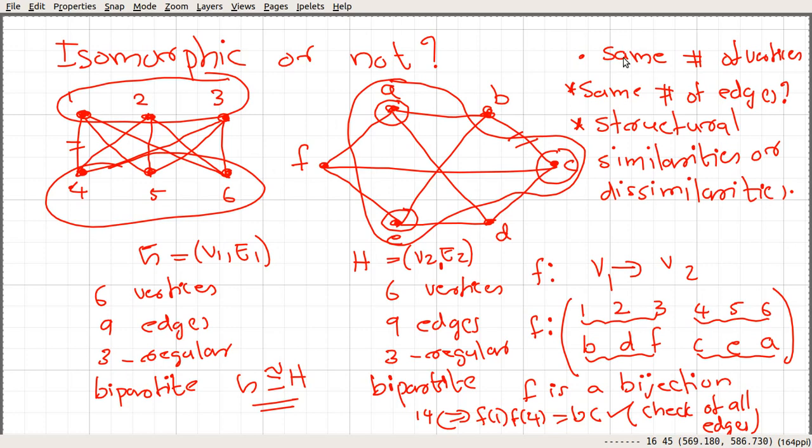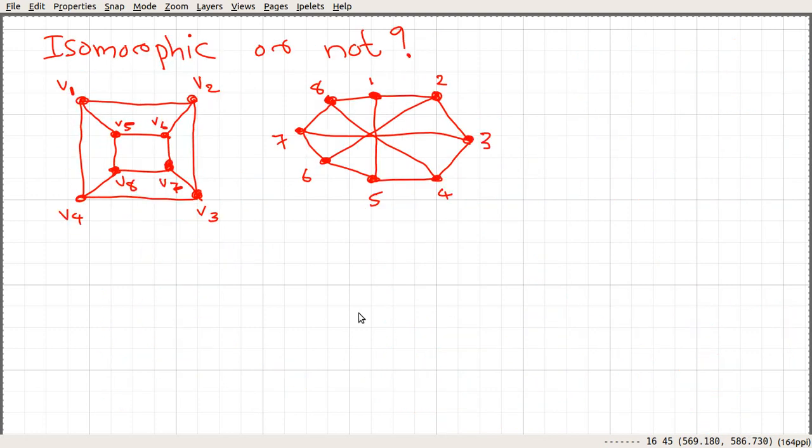We will do some basic checks, and if they satisfy those basic checks, then we will try hard to find a map. And if we are able to find a map, and if that map is both bijective and preserves adjacency, then we can say that those two graphs are isomorphic. Okay, so let's look into our second example.